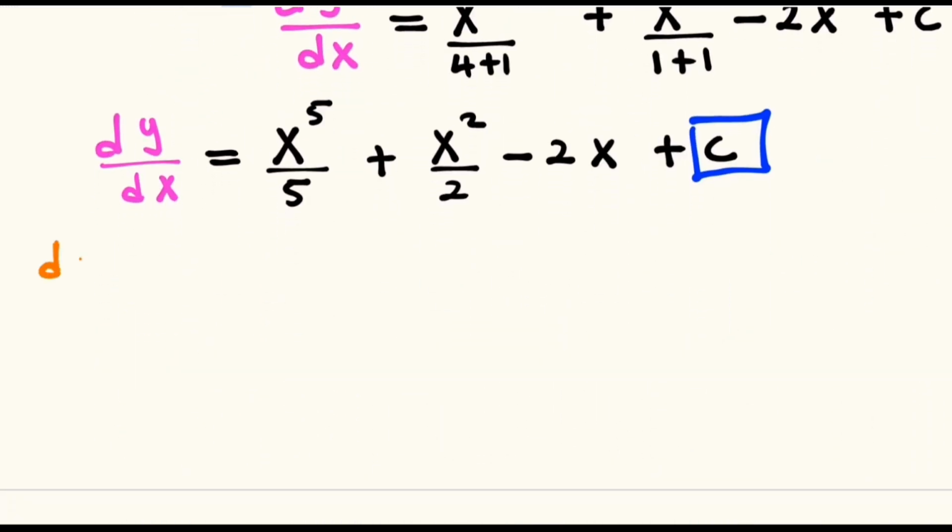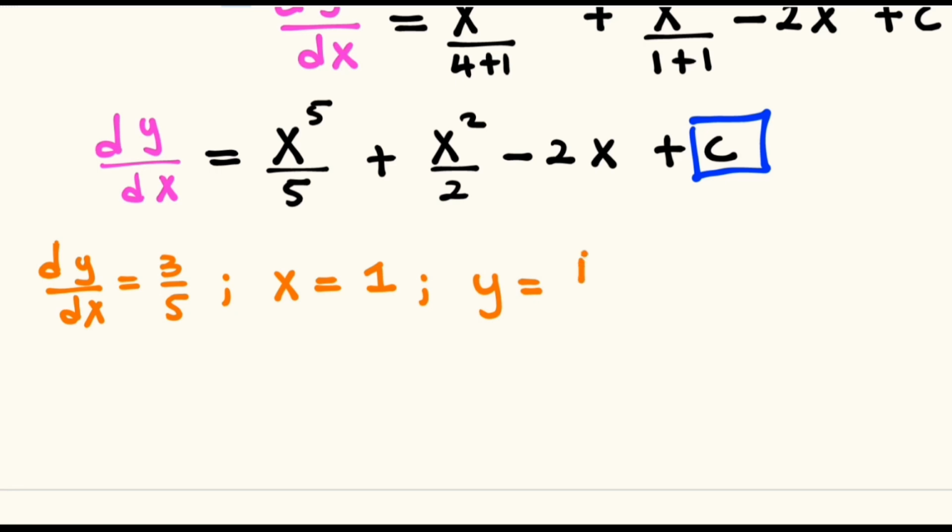So we have dy divided by dx is equal to 3 divided by 5, and the value of x is equal to 1, and the initial value of y, which is equal to 1 divided by 5. So in the place of the dy divided by dx, we substitute the 3 over 5, and this will be equals to, in the place of the x, we substitute 1.